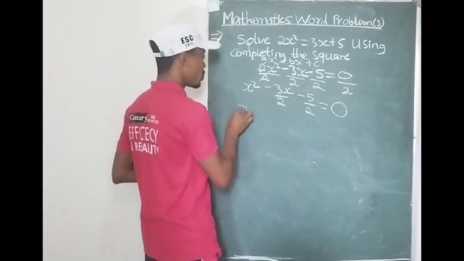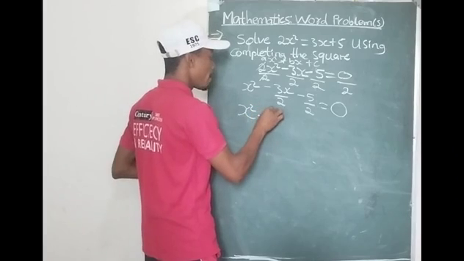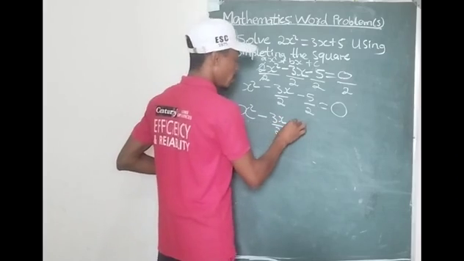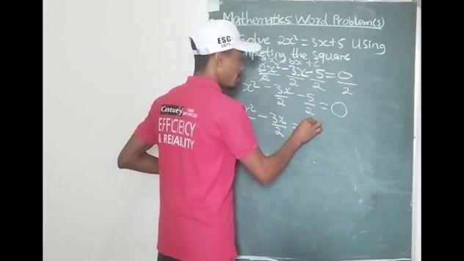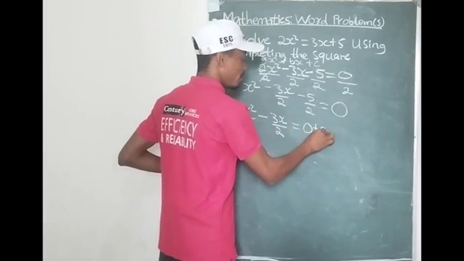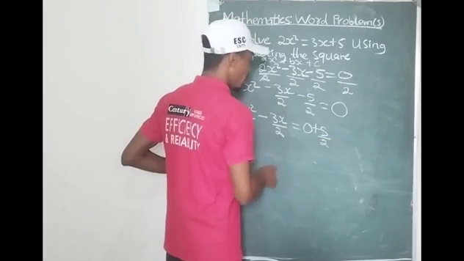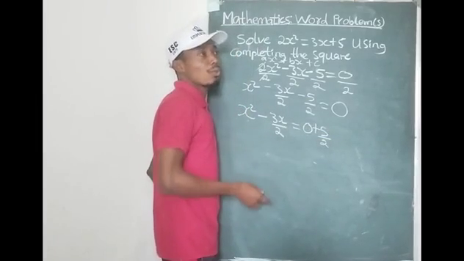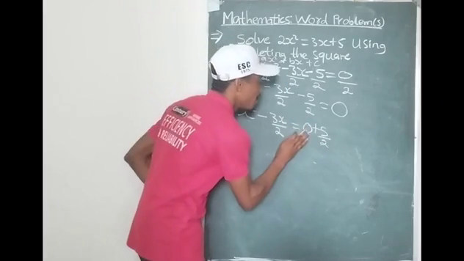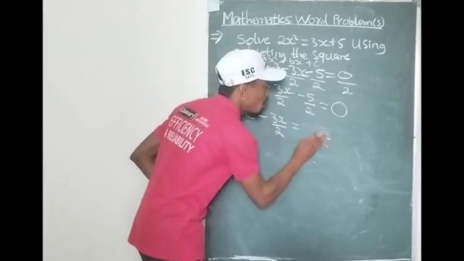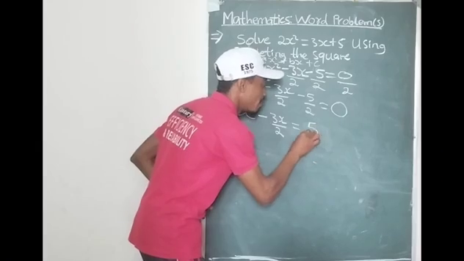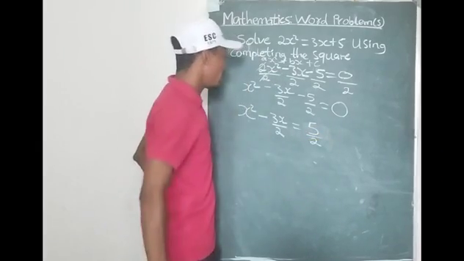So this becomes x squared minus 3x all over 2 equals 0 plus 5 over 2. Of course, 0 plus 5 over 2 is still 5 all over 2.